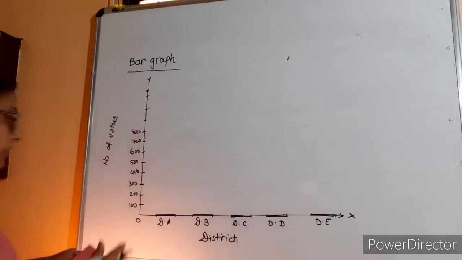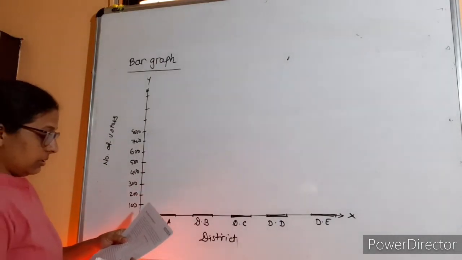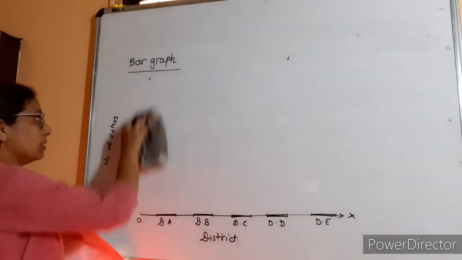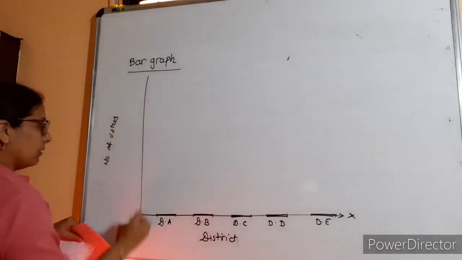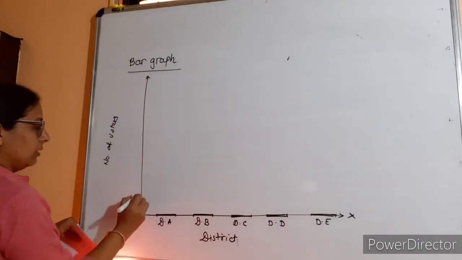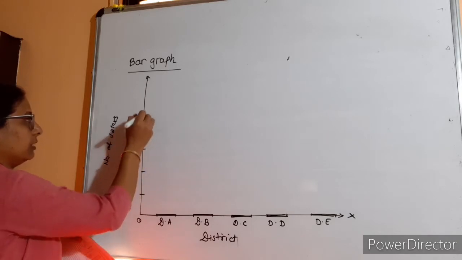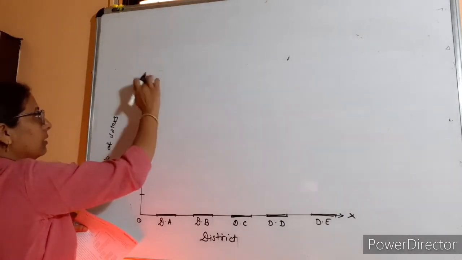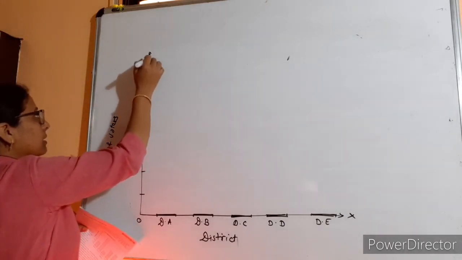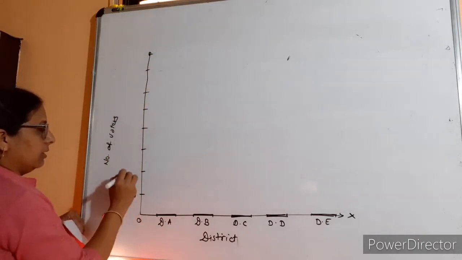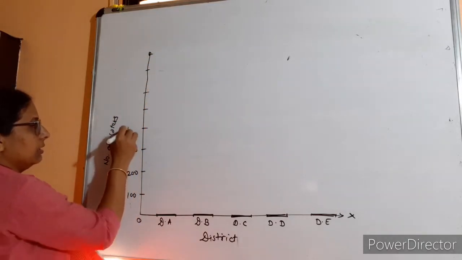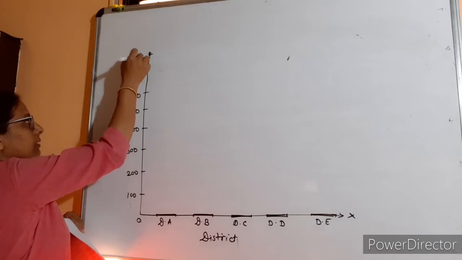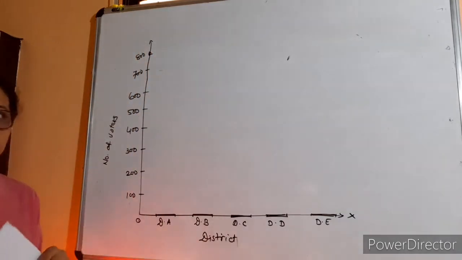Now district A. Here's 200 and 300. So we'll take this little much far points so that we can see it easily. We have the enough space now. Here is 100, 200, 300, 400, 500. It just goes up to 600, 700 and 800.